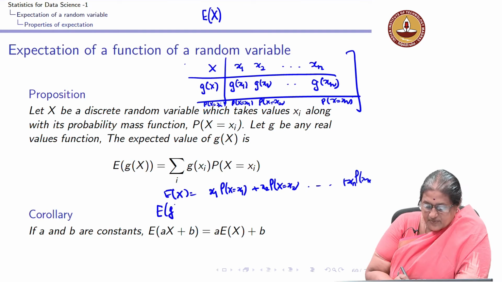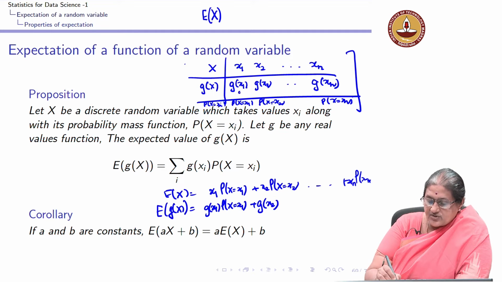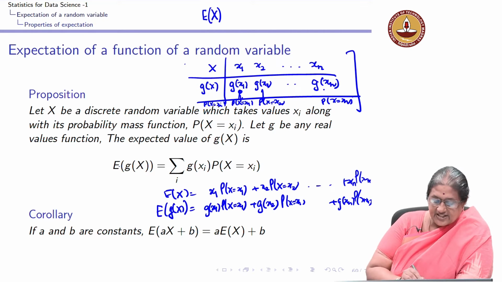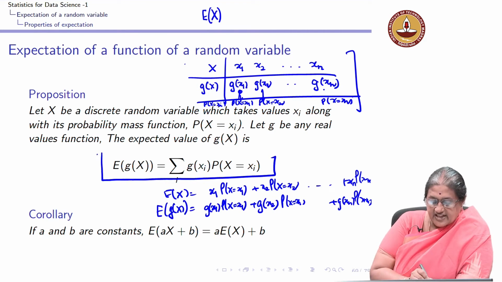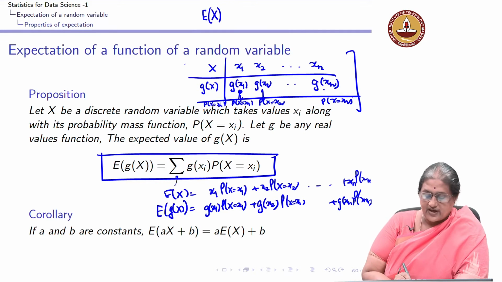I can define the expectation of g of x to be g of x1 into probability of x equal to x1, plus g of x2, because it takes the value g of x1 with probability x equal to x1, it takes the value g of x2 with probability x equal to x2, it takes the value g of xn with probability x equal to xn. That is what is summarized here as the expected value of g of x is the summation over all values of x of g of xi into probability x equal to xi.